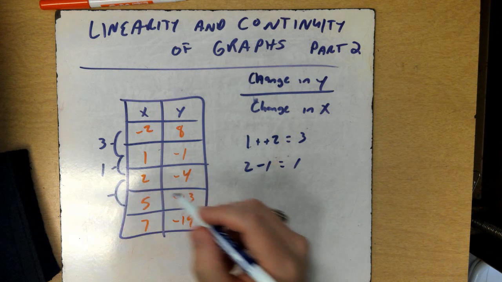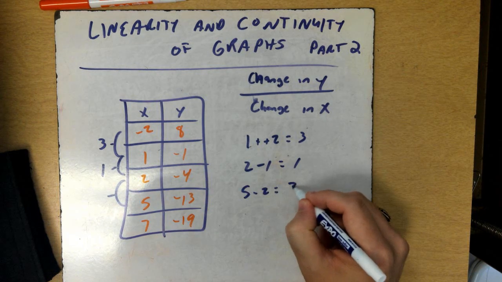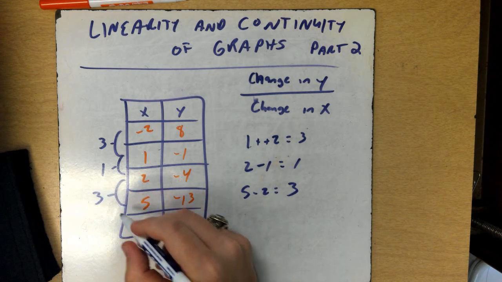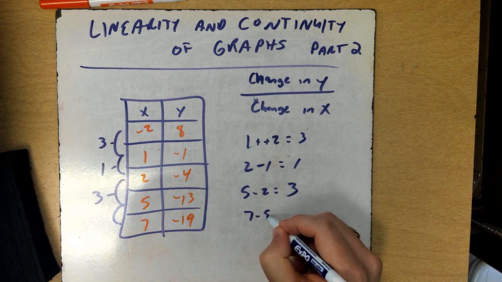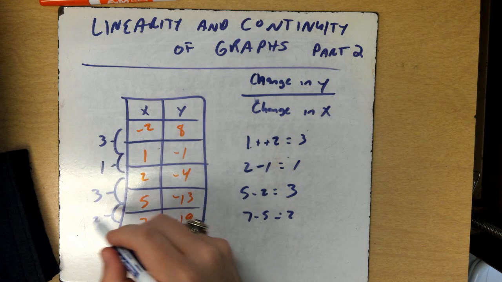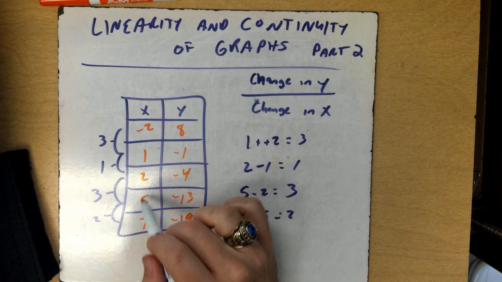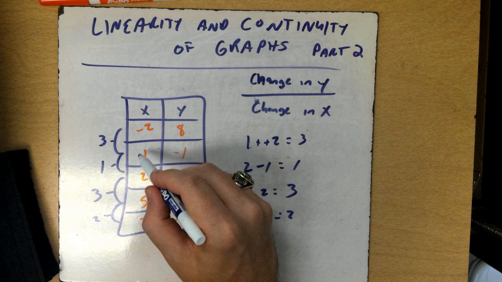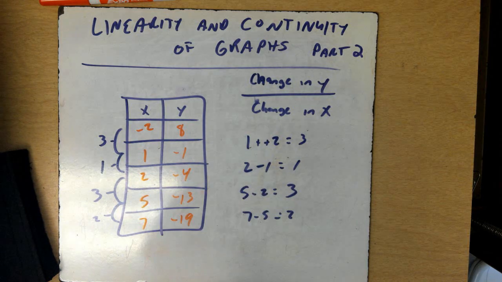How about 2 and 5? 5 minus 2 equals 3. And 7 minus 5 equals 2. So here are your numbers: 3, 1, 3, 2. That's the difference between each of the x's.